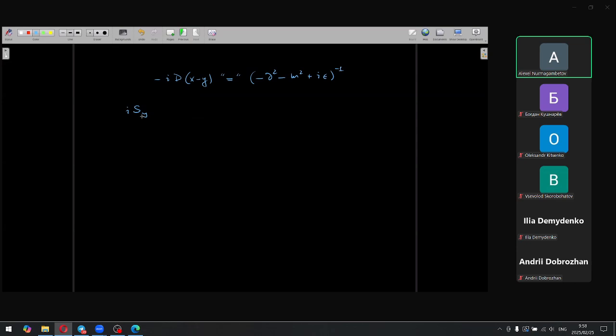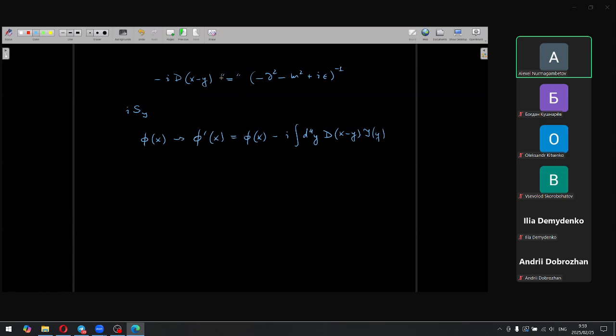We can use the following transformation from the original field phi to phi prime depending on x, which is the original phi minus i integral over d4y, the Feynman propagator D of x minus y multiplied by the source j at point y.